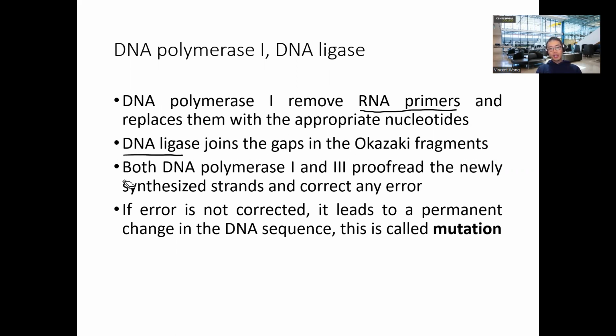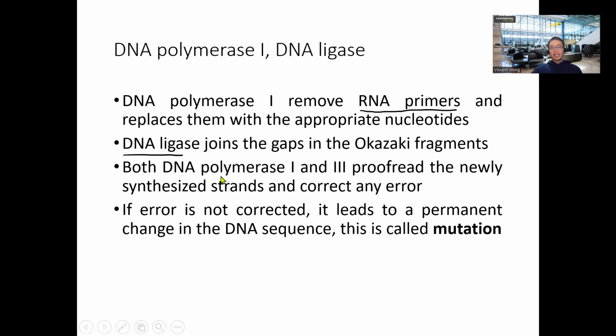Now, this next point I didn't really mention in class last time, but both the polymerase 1 and 3, they have proofreading capabilities. So as they are creating new strands, they will also be checking errors along the way. It's like the spell check on your word processor. Okay, if you make a spelling mistake, it underlines it with the red squiggly, right? And then you will know to press backspace and then type in the correct spelling or something, right?